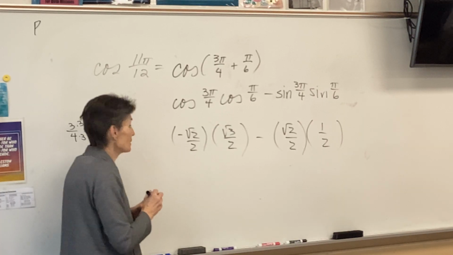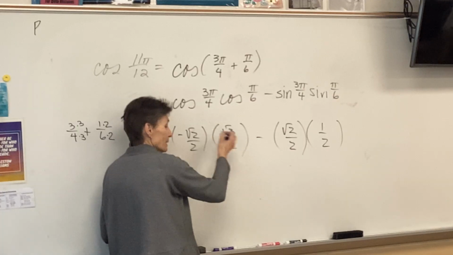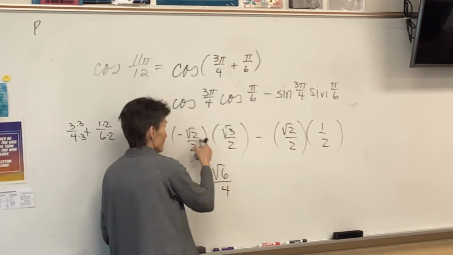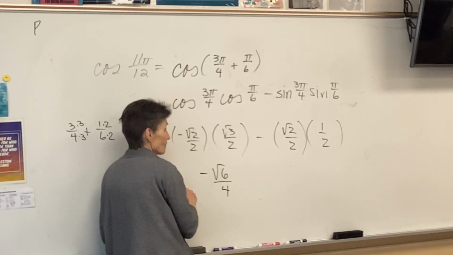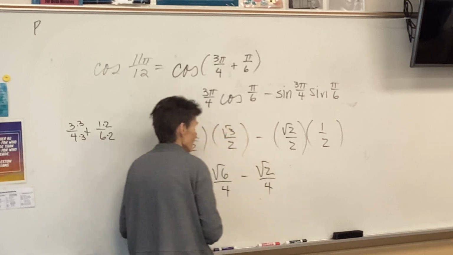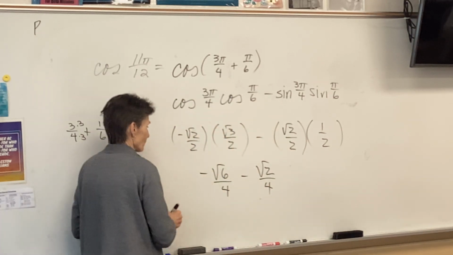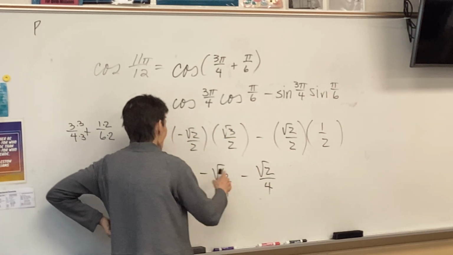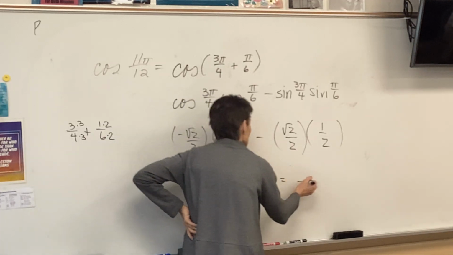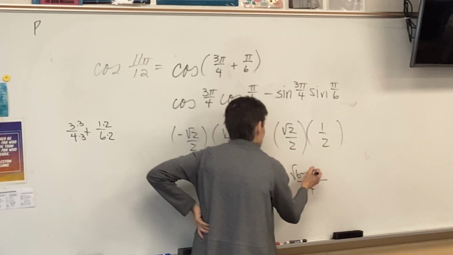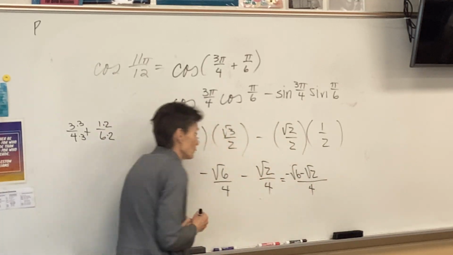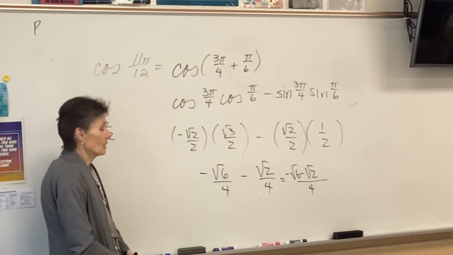Is that okay? So now, these are being multiplied, so that's negative root 6 over 4. These are being multiplied, so that's root 2 over 4. These do not add because they're not like radicands, but since they have the same denominator, we typically write them as one fraction: negative root 6 minus root 2 over 4.